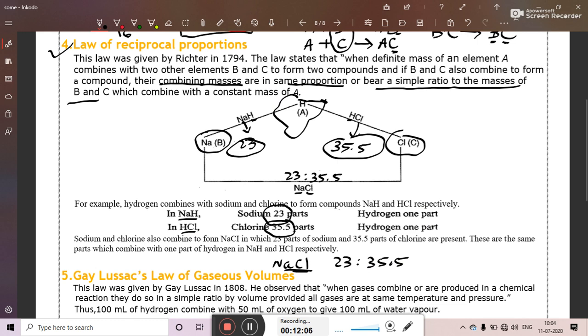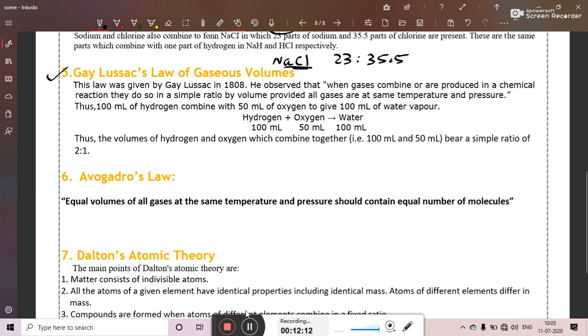Now the fifth law is Gay-Lussac's law of gaseous volumes. This law was given by Gay-Lussac in 1808. He observed that when gases combine or are produced in a chemical reaction, they do so in a simple ratio by volume, provided all gases are at the same temperature and pressure. Okay.